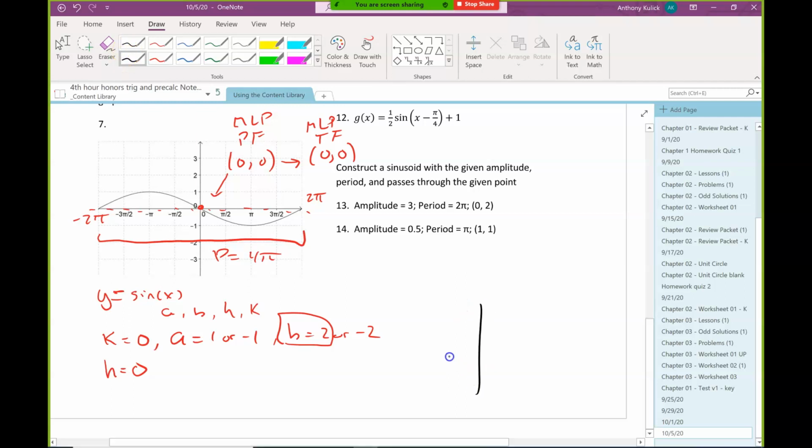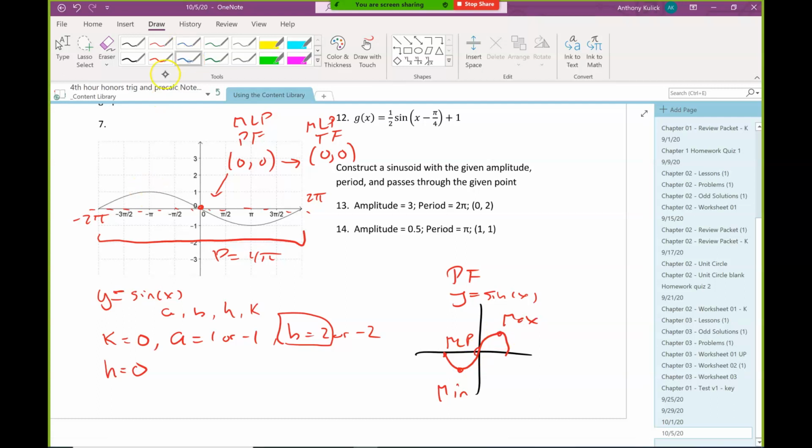Here's the way that we'll think about it. When I think about the parent function for sine, it looks like this. It goes minimum, midline point, to a maximum, right?